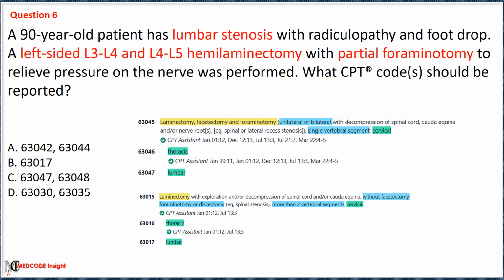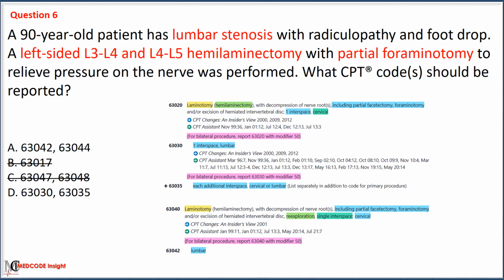Option D with code 63030, 63035. In this scenario, a left-sided L3 to L4 and L4 to L5 hemilaminectomy was performed with partial foraminotomy. Since the procedure involved hemilaminectomy, also known as laminotomy, we can easily eliminate options B and C, as both options include codes for laminectomy procedures. Option A is also incorrect because code 63042 is used for laminotomy procedure performed for reexploration.